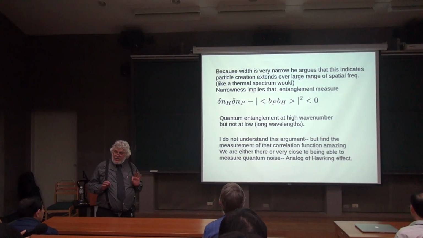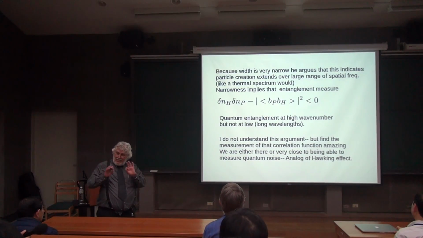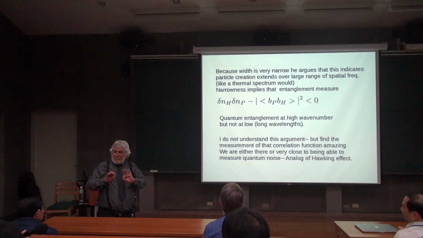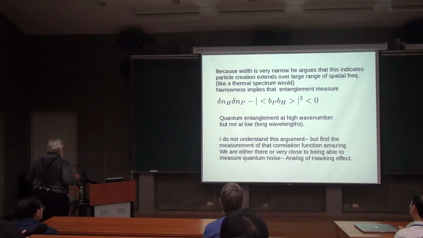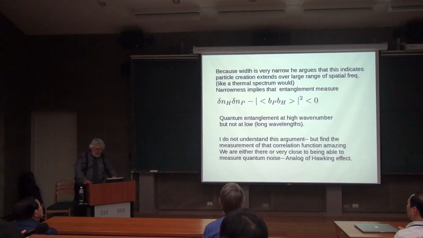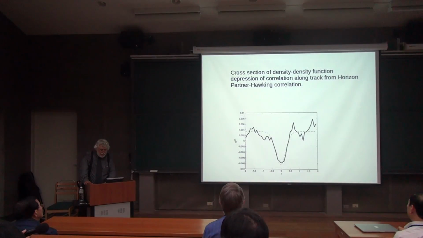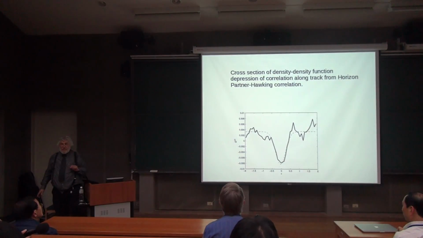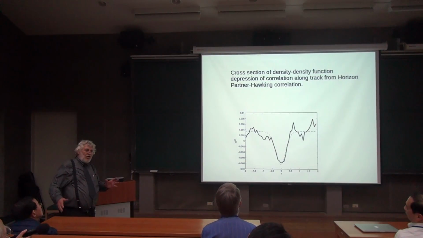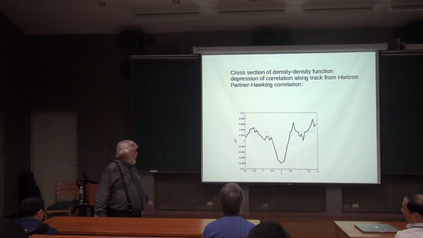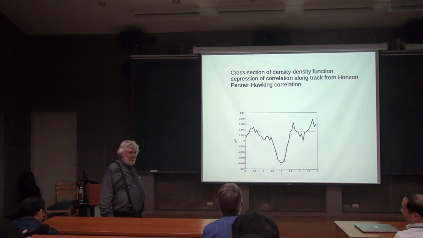So what he is actually seeing is a quantum emission from the system. He argues also that from the shape of this curve, he can also measure the temperature. So the system looks sort of thermal. Obviously, there's a huge amount of noise in that.